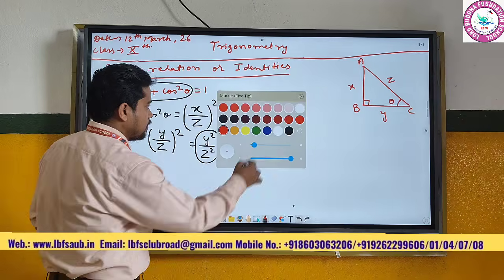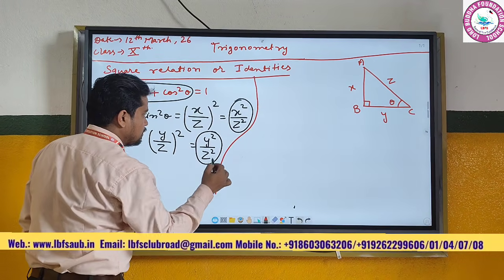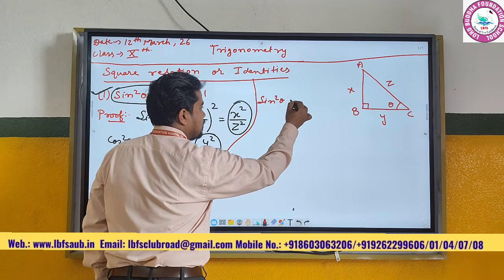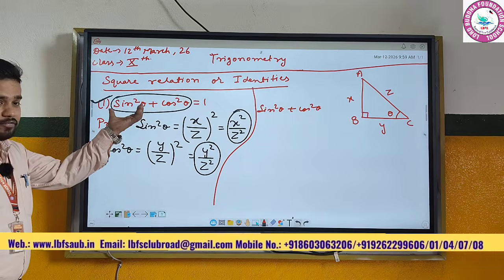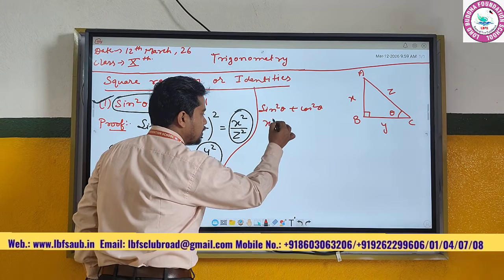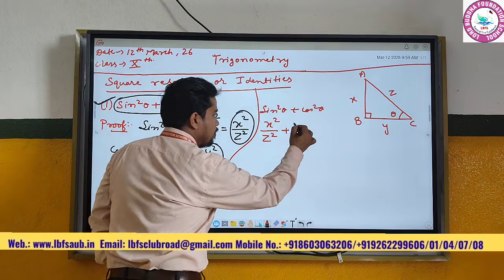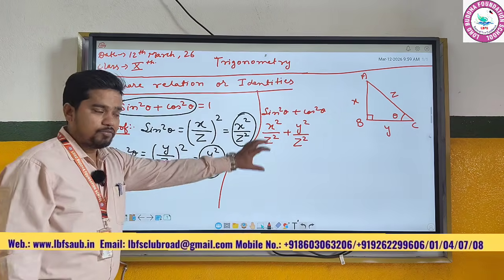Now we are using another marker, red. Now we have to add this. So sin square theta plus cos square theta. We are taking the LHS of this identity. So it is x square upon z square plus y square upon z square. Now we have to solve it.